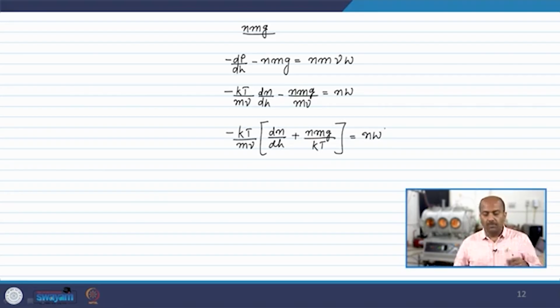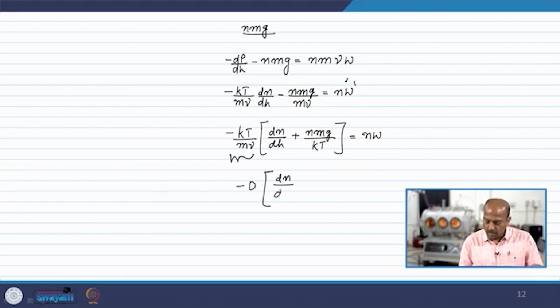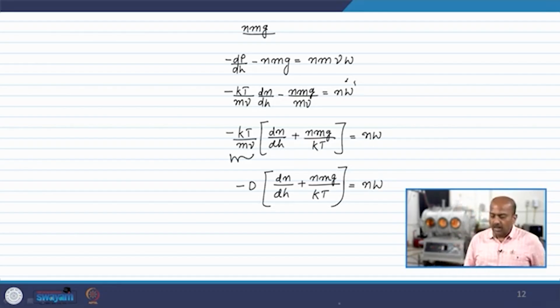We have shifted from the x direction to the vertical direction, which we call h. So, representing this factor as D, the diffusion coefficient, minus D times dN by dH plus n m g by kT becomes equal to N W. kT by m g is the scale height.